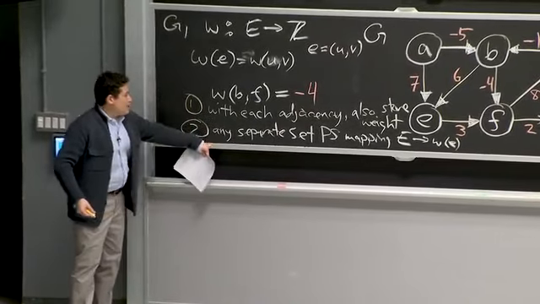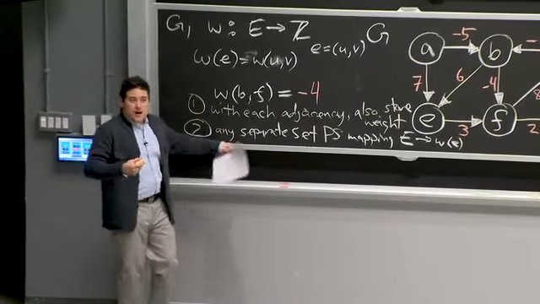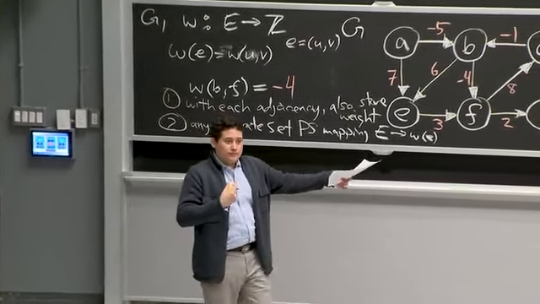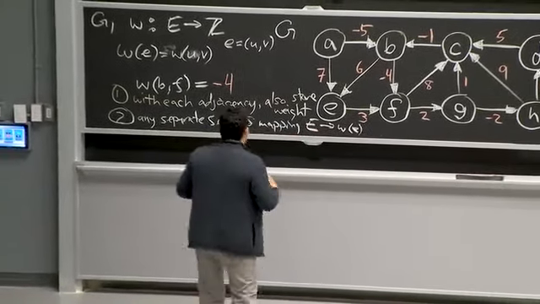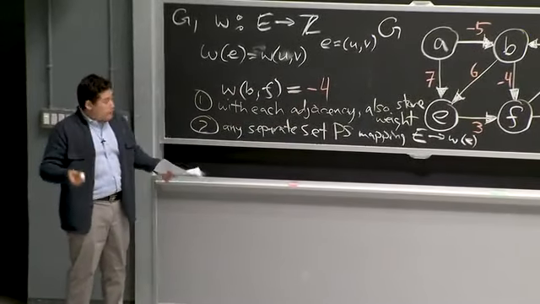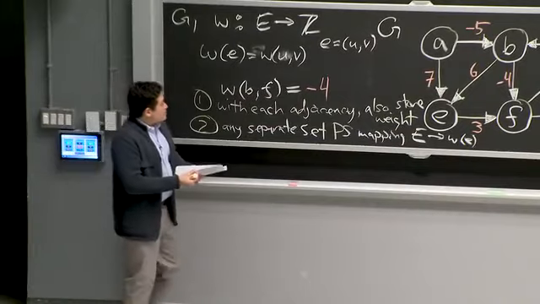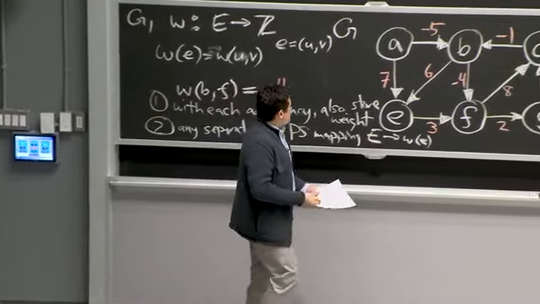Or I could even have just a single hash table mapping the pair, the edge, a tuple of constant size, to its weight. Either way is fine. We're just going to assume that we can query the weight of an edge in constant time.